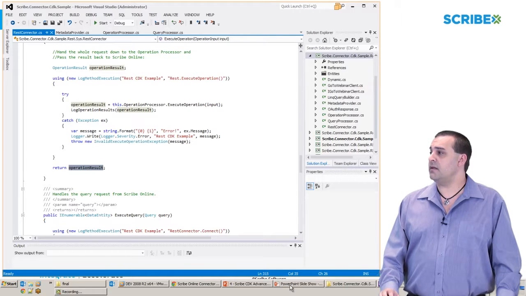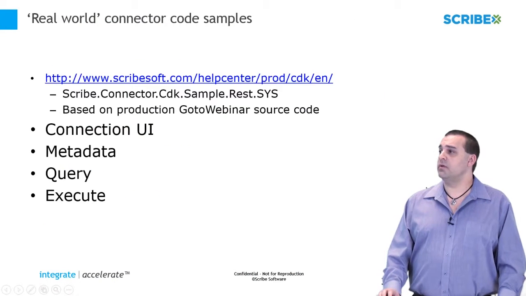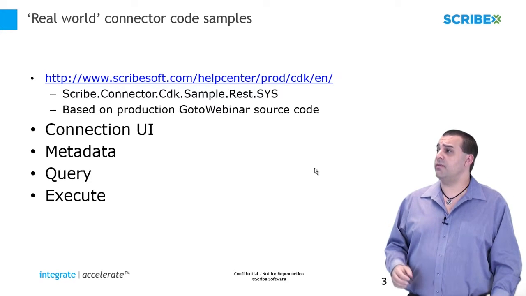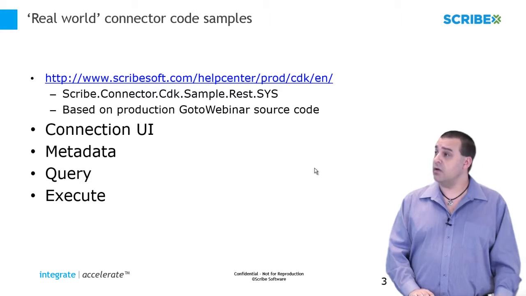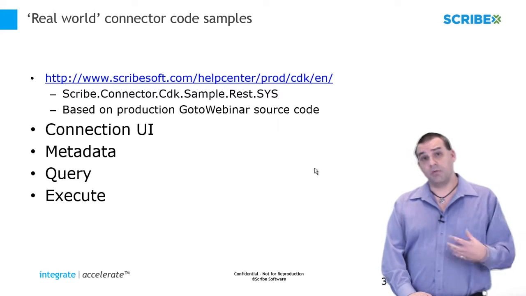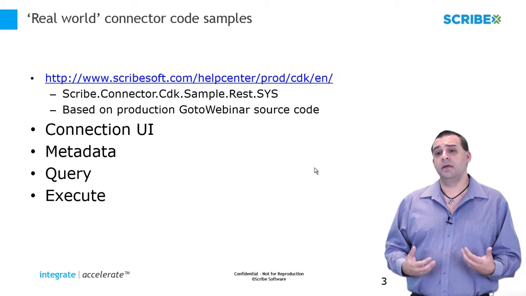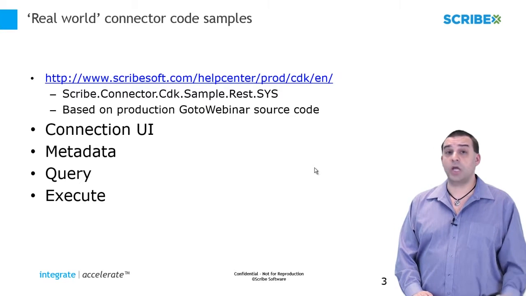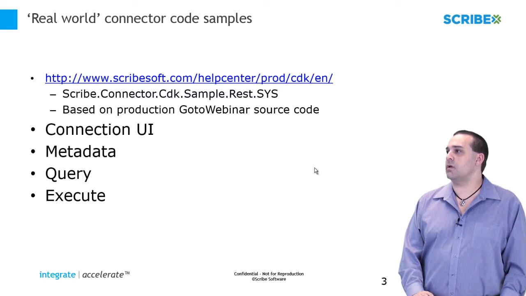So that is a fast overview of what the differences are between the HelloWorld connector and the real-world connectors. You will be dynamically grabbing that information and looping through information as opposed to hard coding all of the metadata that you're interested in working with.